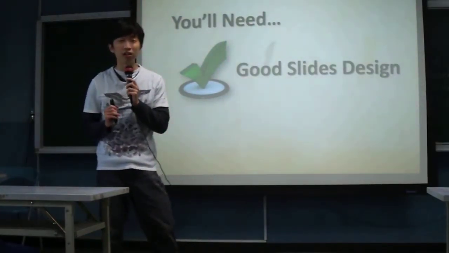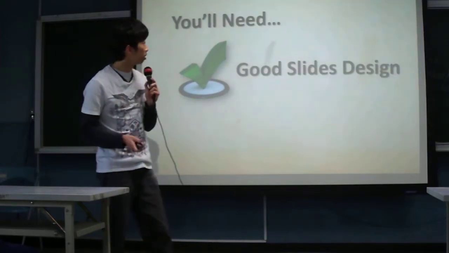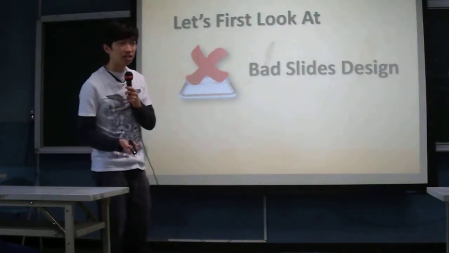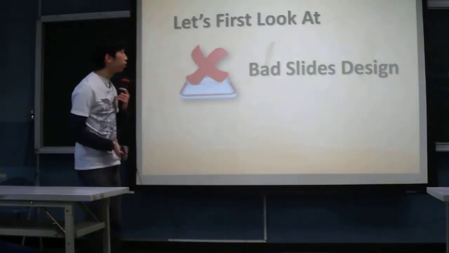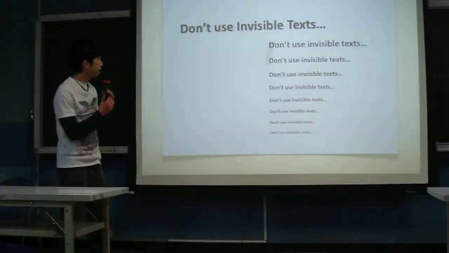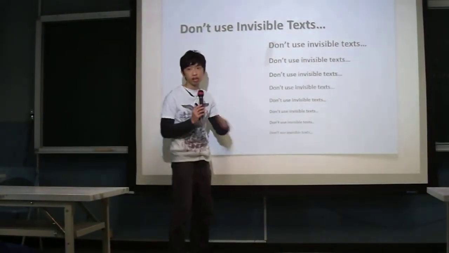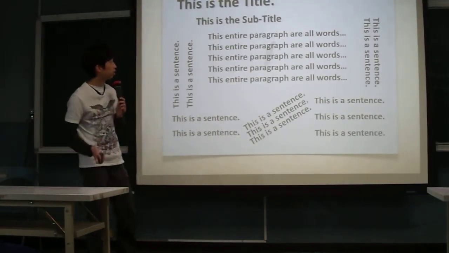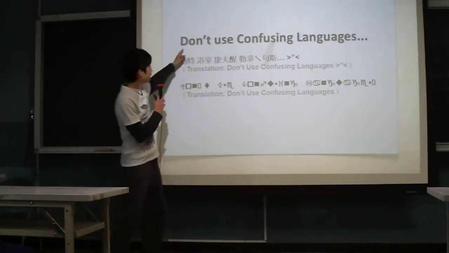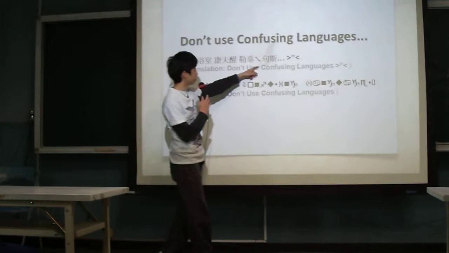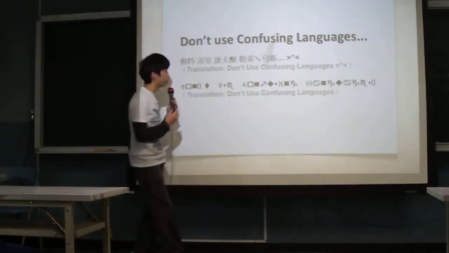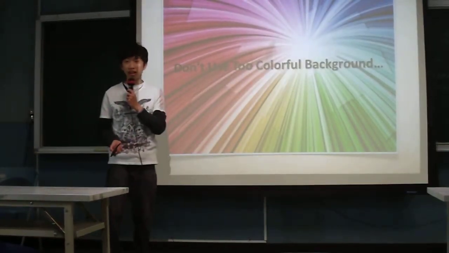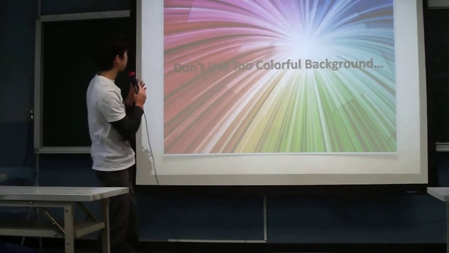But before we go into that, because that may be detailed content, we need to first look at what bad slides are. Bad slides may be simple in everyone's opinion or intuition, like a slide with invisible text which your audience can't see, or a slide with too many words that takes a really long time to read, or confusing language, or big symbols that take people time to read, or too colorful a background. That especially doesn't work when the projector is not that good.